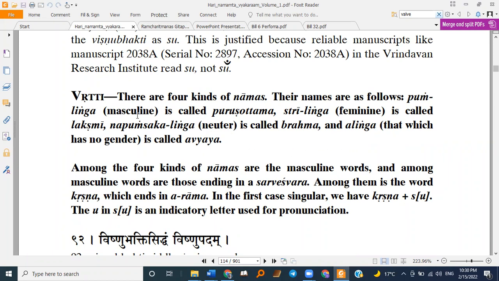The masculine one, Pullinga, is known as Purushottam Linga in Harināmāmṛta-vyākaraṇam. Feminine is known as Strilinga generally, but here we'll call it Lakshmi Linga. Neuter, Napunsaka Linga, is called Brahma Linga. And Avyaya is Avyaya, the same.